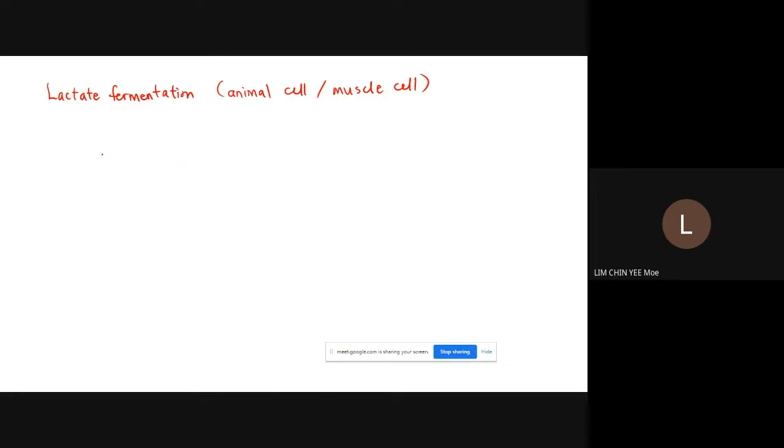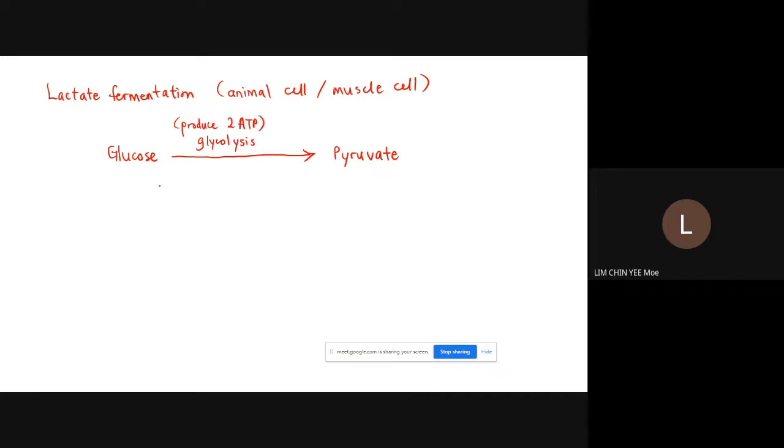Kalau glycolysis, kita start dengan glucose. Glycolysis akan jadi pyruvate. So, dia akan produce ATP semasa glycolysis.